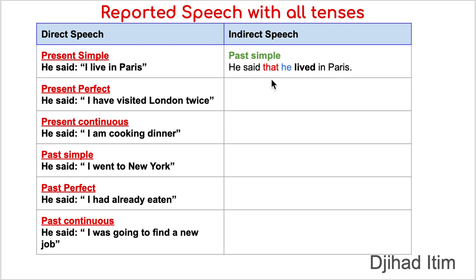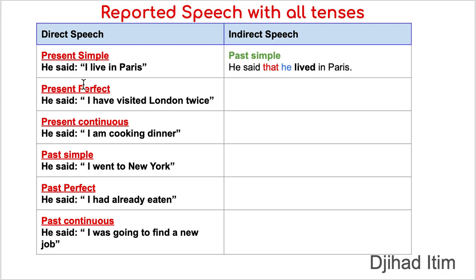So he said that he lived in Paris, from present simple to past simple. Do not forget to change the pronoun here. Instead of saying I, here we say he. Who lived in Paris? It's him, right? He said that he lived in Paris.